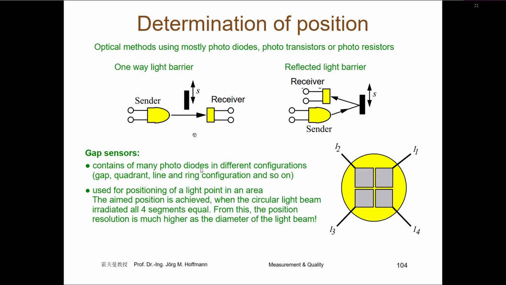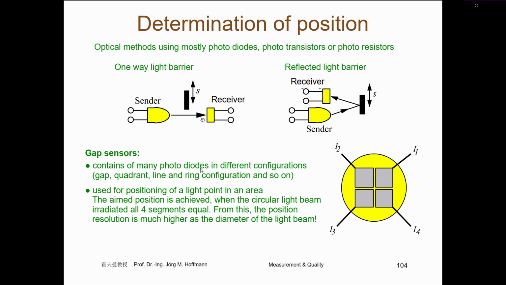Very easy, but not very precise, are the one-way light barrier and the reflected light barrier, because it depends every time on when the body is in the beam, on the sensitivity, when the device is switching.